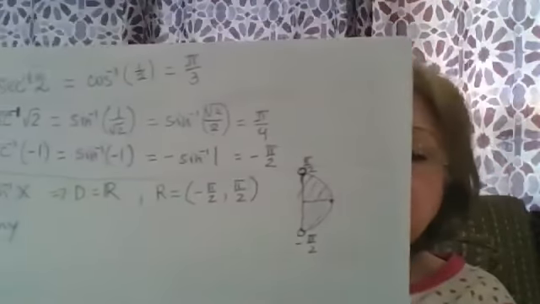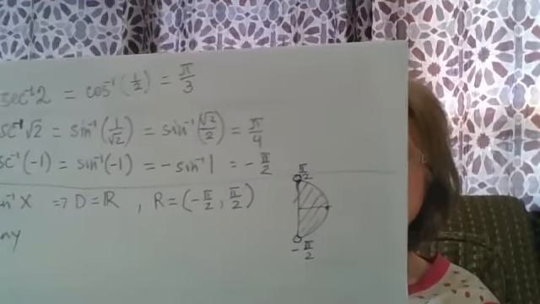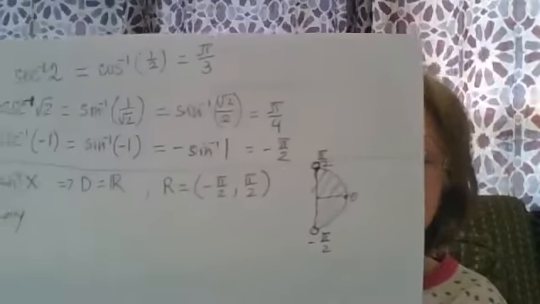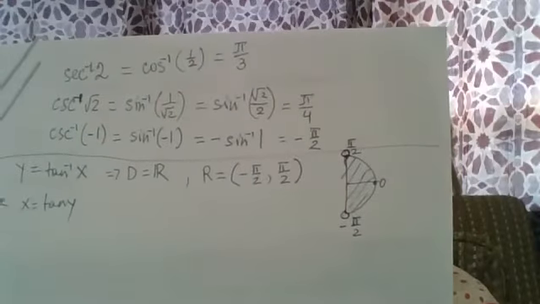So it will be open at pi over 2, open at negative pi over 2, and all other parts can be shaded. This is what we have. Let me actually write here 0. So this is the range for arctangent.